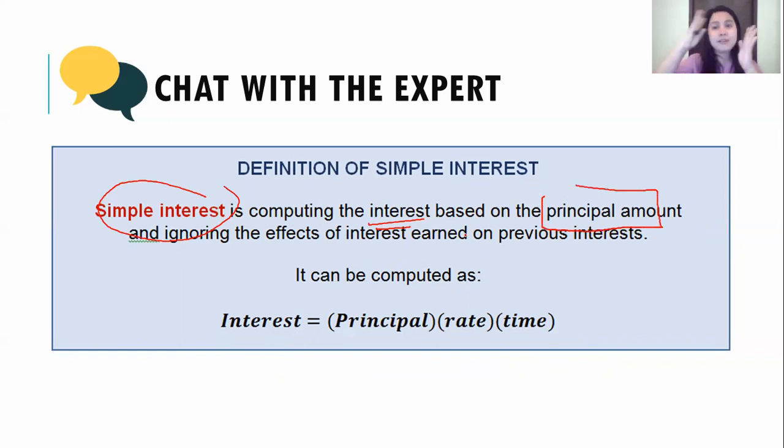Even if the money gets bigger and bigger because of your interest, still the interest is based on the original amount. That is simple interest. How do we compute? That will be principal times rate times time.